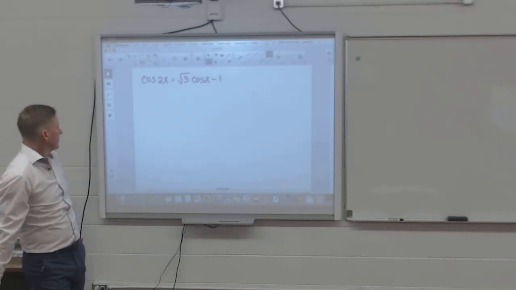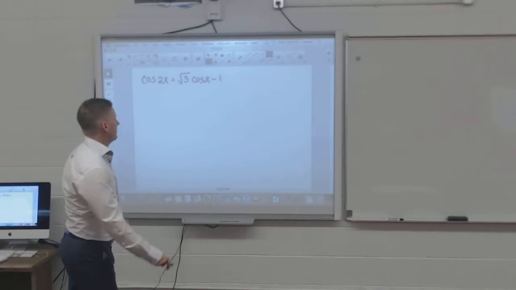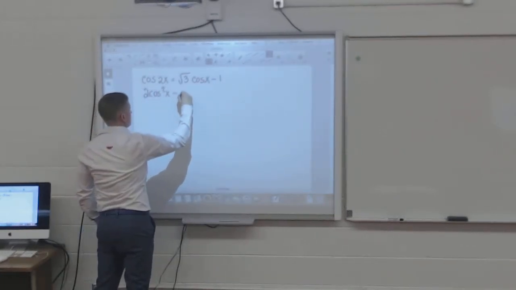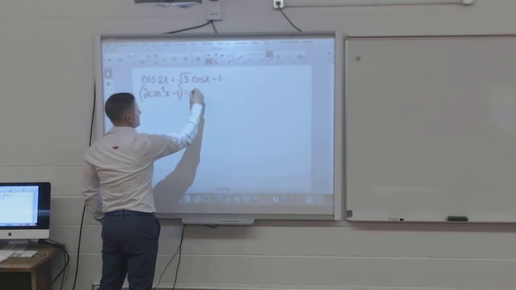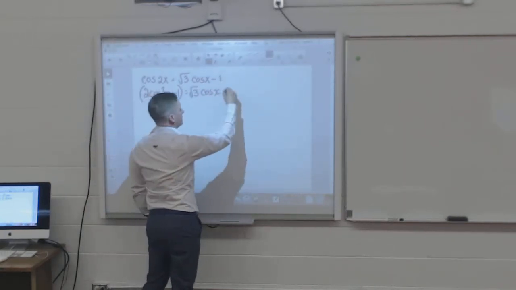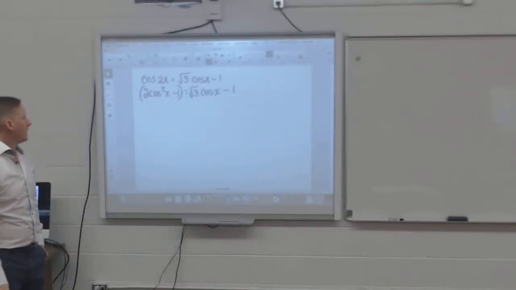Cos 2x, right? Which identity should I use to change it? 2 cos squared x. Why did you choose that one? Because it's the closest to the other side, because this side was already at cos x. That's exactly right.